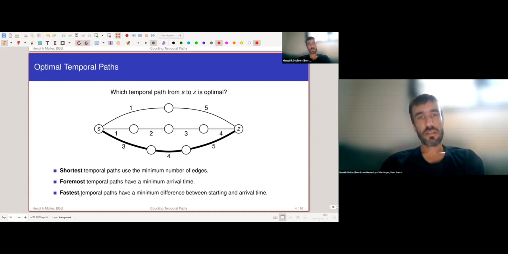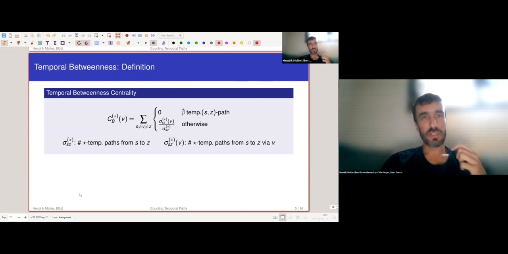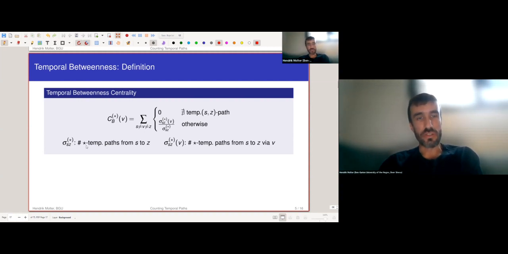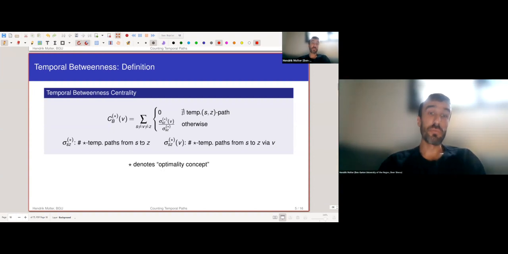And then I want to show you quickly the definition of temporal betweenness centrality, but the important point here is that we have to be able to compute these values here, which denote the number of optimal paths. The star here denotes the optimality criterion that we are interested in, of temporal paths from a certain vertex to a certain other vertex.